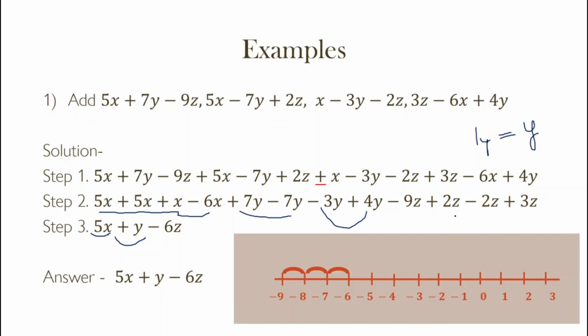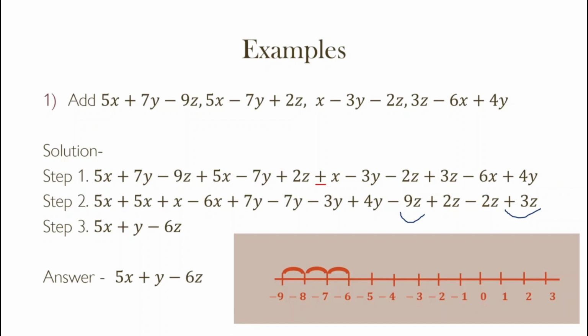Now similarly solving for the z, 2z and minus 2z, they are the same numbers with opposite signs, so they get cancelled out. We are left with minus 9z plus 3z. Now how will we solve this one, minus 9z plus 3z? Please remember, whenever the signs are opposite, we subtract.